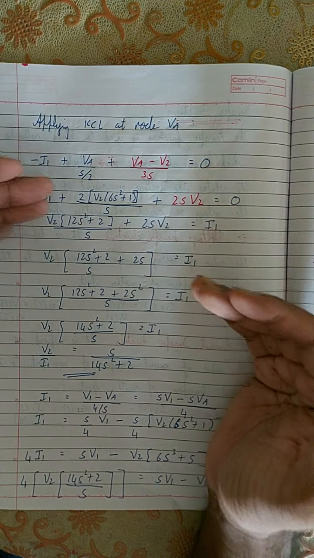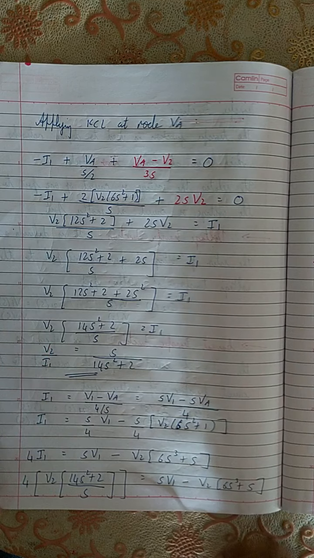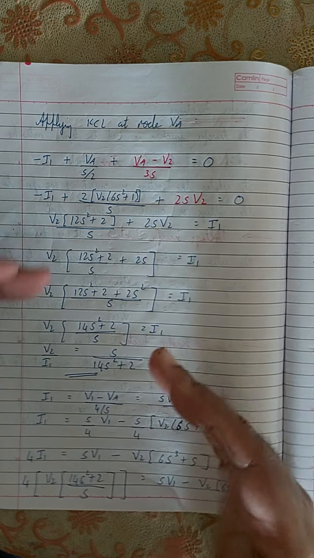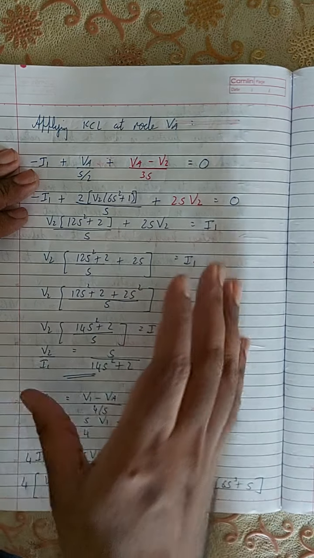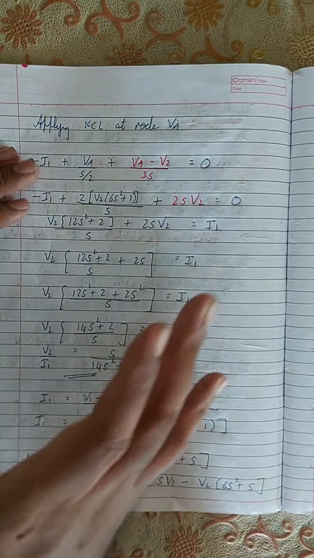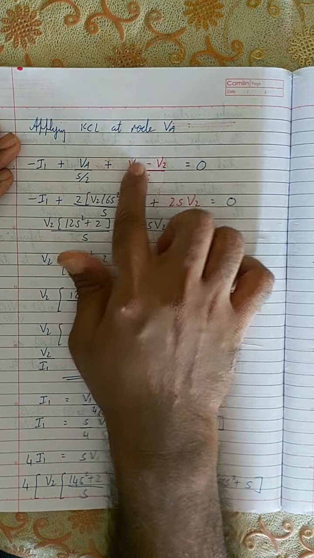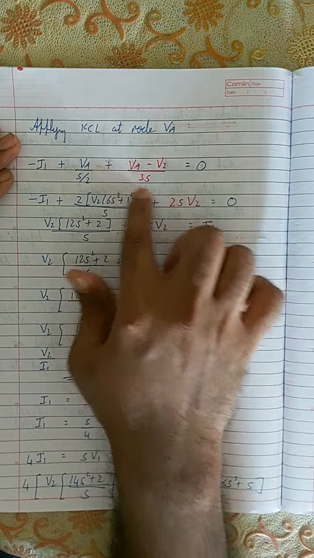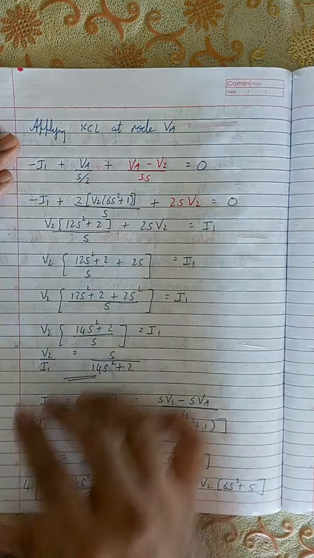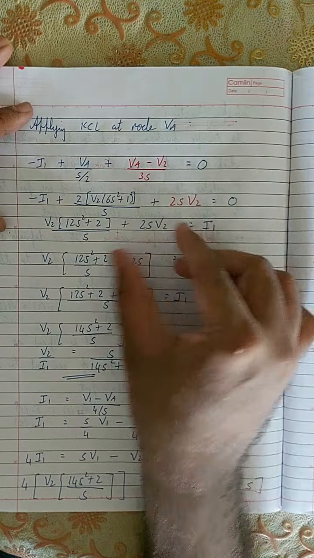The more complex the problem becomes, the more likely you will make mistakes. So try to make the substitution in such a way that the equation becomes smaller and smaller, not larger. That is why, instead of substituting the value of VA over here, I substituted this entire term as a single group. That's why I didn't take that much time to solve this.